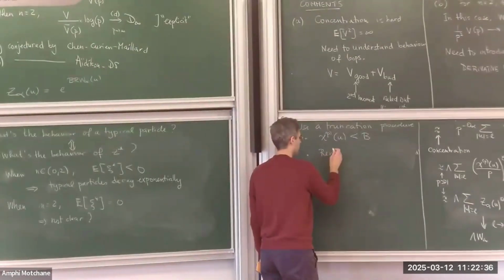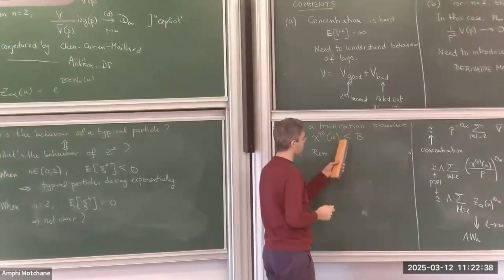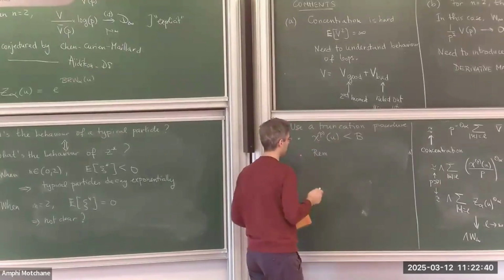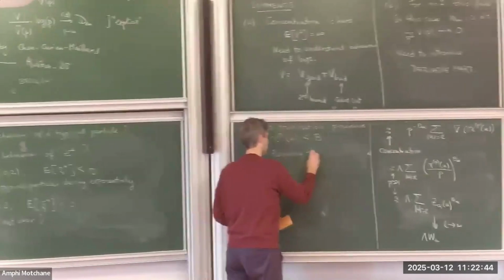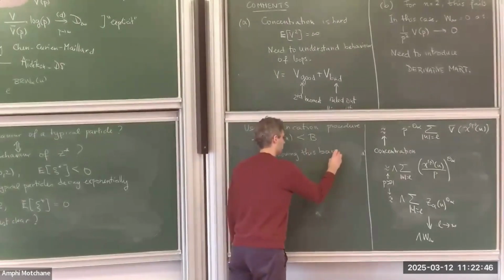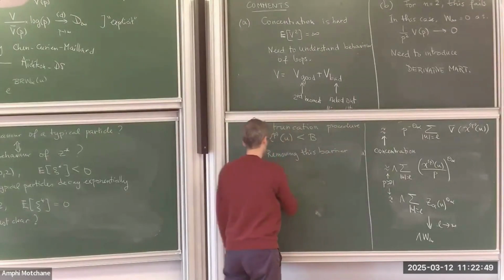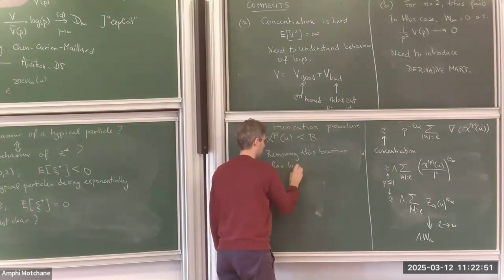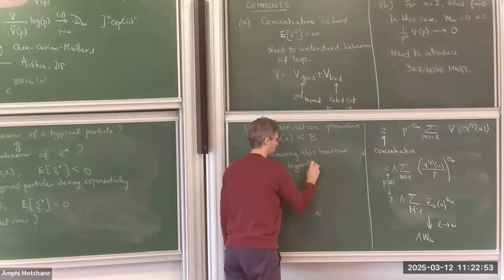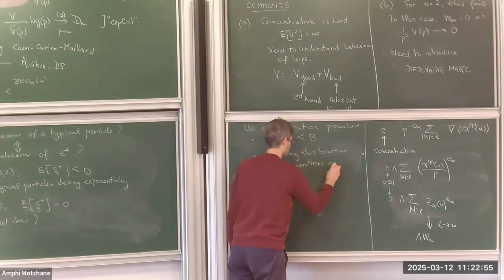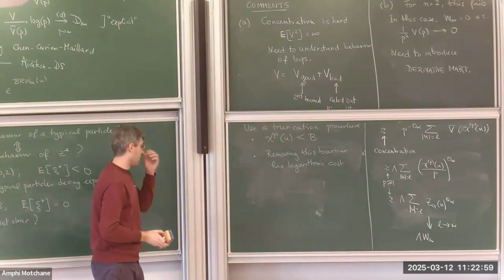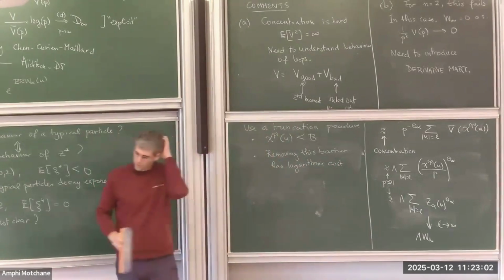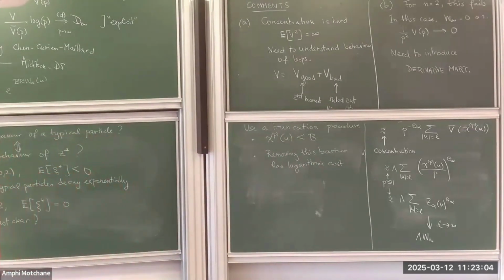Then, when you add a barrier, you have the right decay that you want. But now removing this barrier has a logarithmic cost. This is something that is well known from random walk and renewal functions in general.